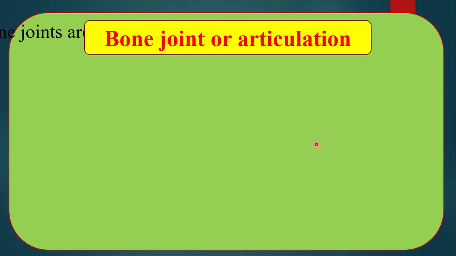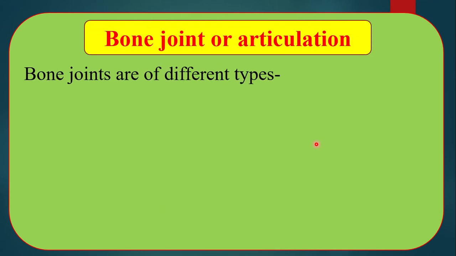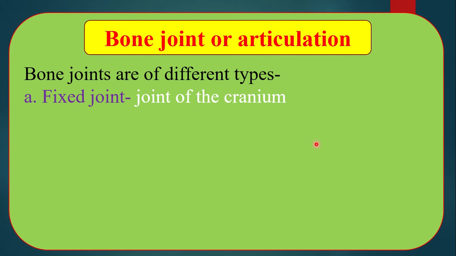Bone joint or articulation. Bone joints are of different types. Number A, fixed joint, that means the joint which is fixed, they don't move at all. Example, joint of the cranium, that means joint of the bones of the head.